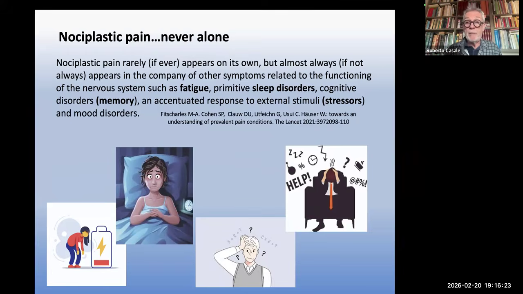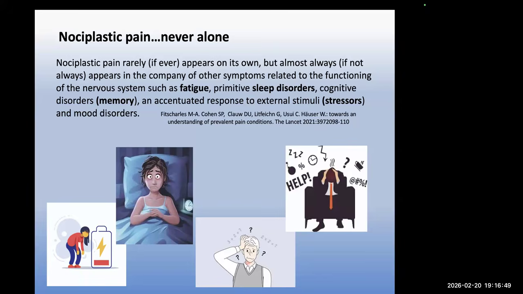They have loss of memory, and they have a high level of stress, and of course mood disorders. So when you are dealing with a nociplastic pain patient, you also have to consider fatigue, sleep disturbances, memory loss, and high level of stress.